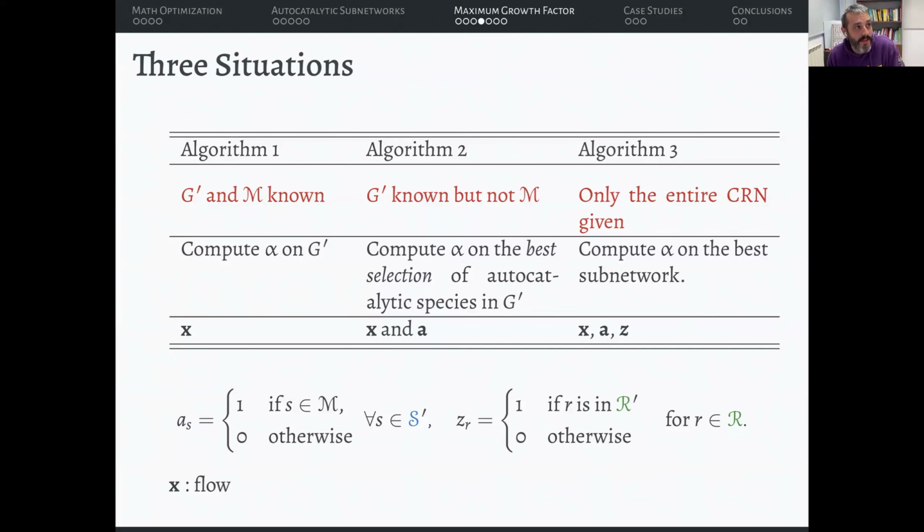How do we decide which is the best set of autocatalytic species taking part of the subnetwork? And the third approach is how to compute, if we are given just the chemical reaction network, how to select the subnetwork such that the maximum growth factor is the maximum possible. Each problem is different but similar. The third one generalizes the second, and the second generalizes the first, and they allow different things.